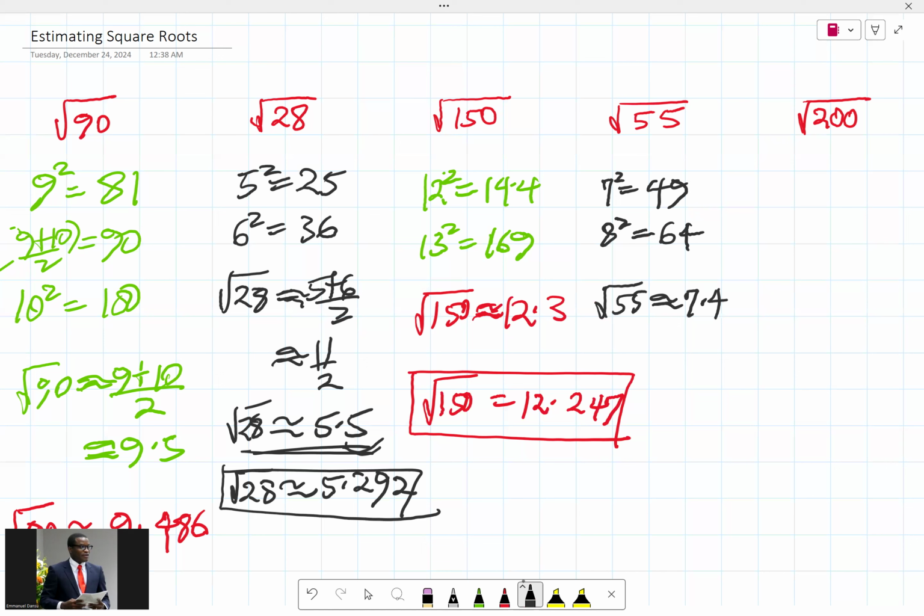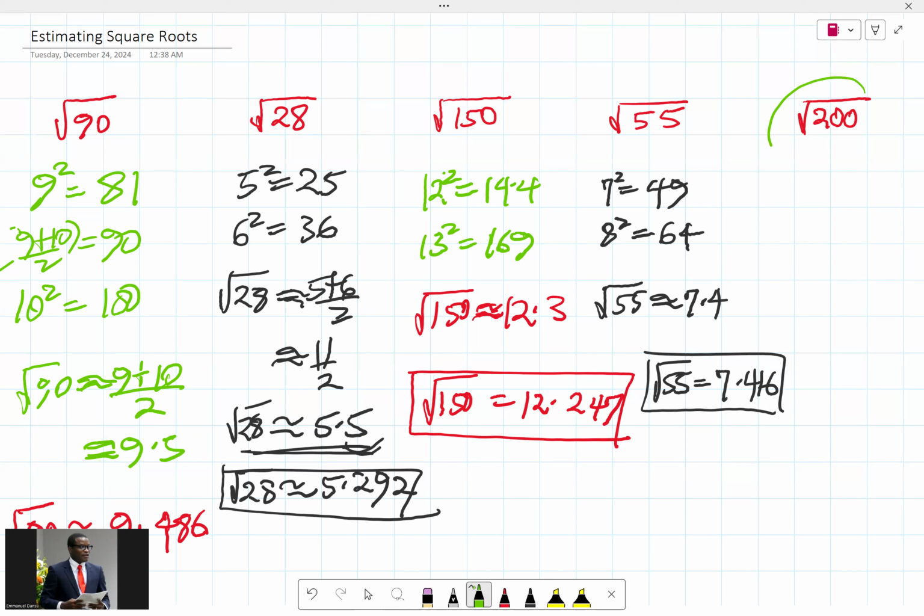The square root of 55 is 7.416. So you can see by taking the gap into consideration, you can make a more accurate guess.